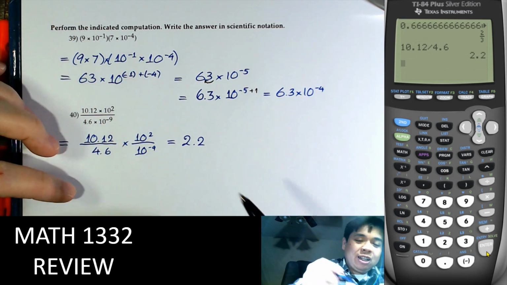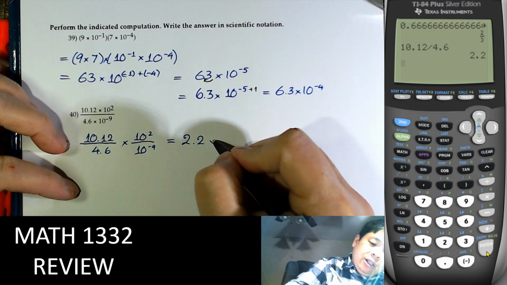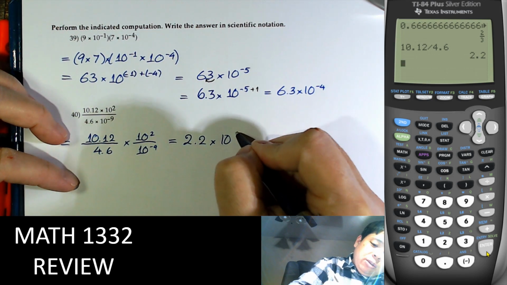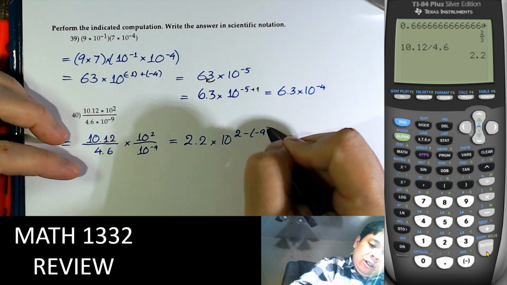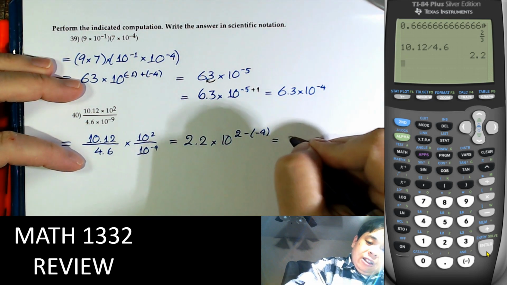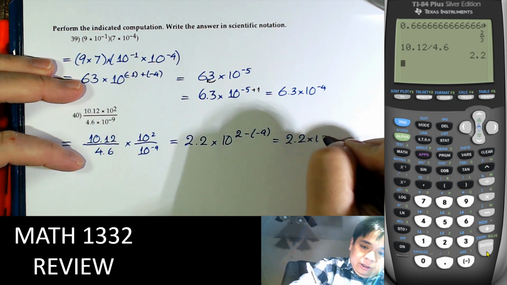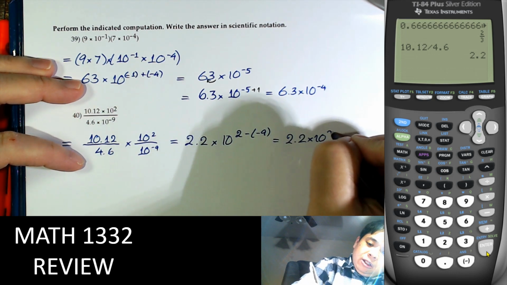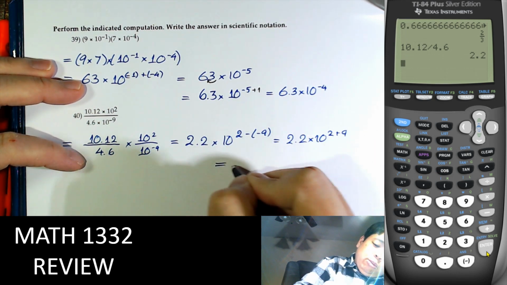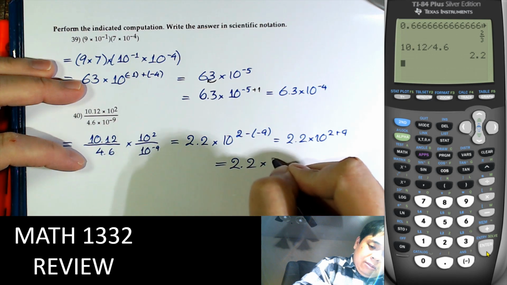It's between 0 and 10. And now for the powers of 10, dividing, we subtract the exponents. Negative, negative. That becomes 2 plus 9. So 2.2 times 10 to the 11.